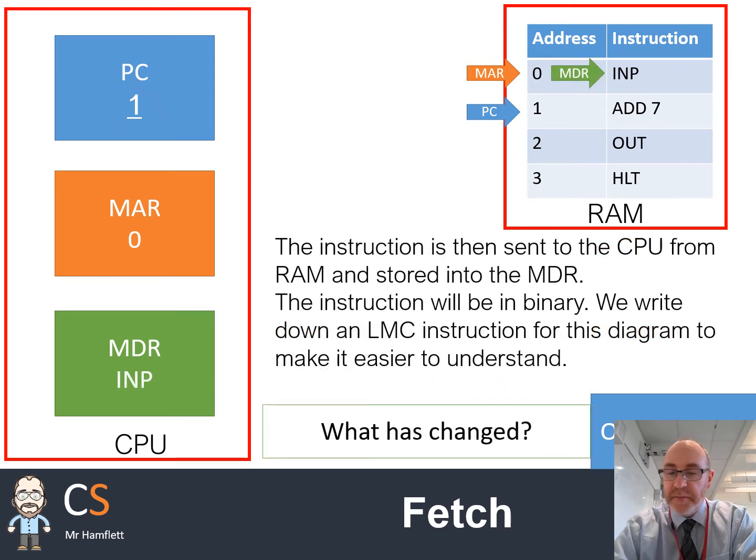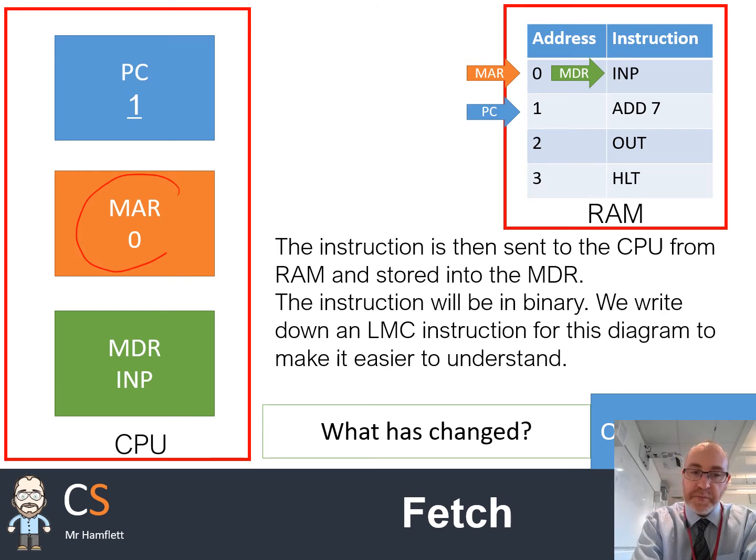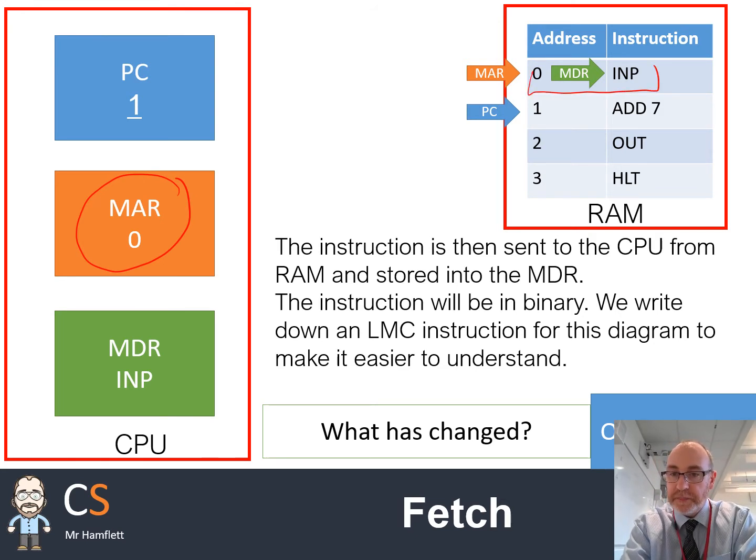Once we have the MAR, the fetch occurs, and the data that was stored in that address is sent to the MDR. So as you can see, our MAR has the value of 0. At address 0, we have the command INP.